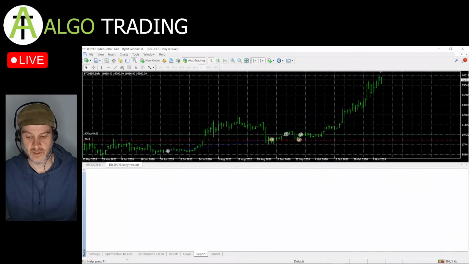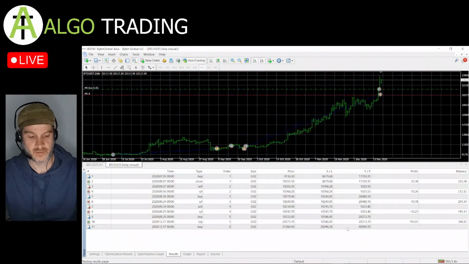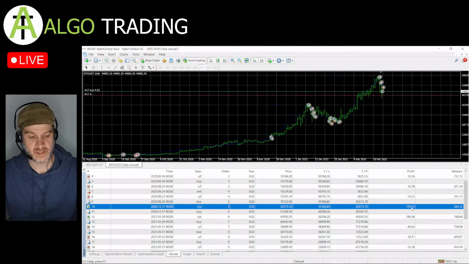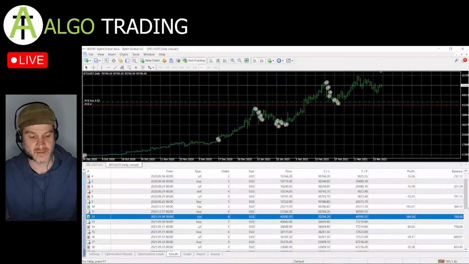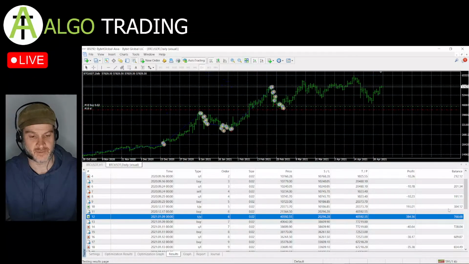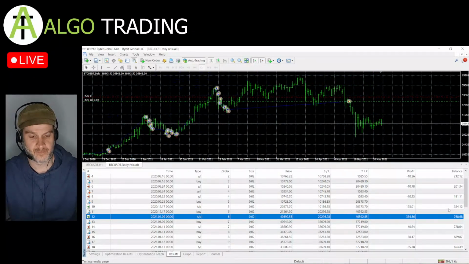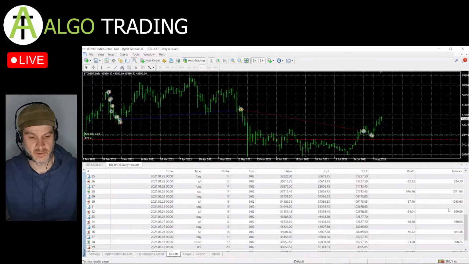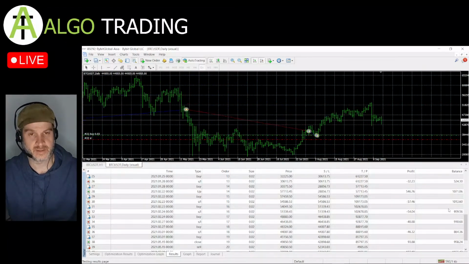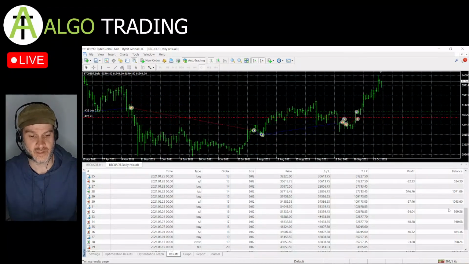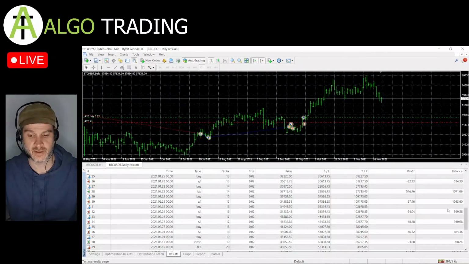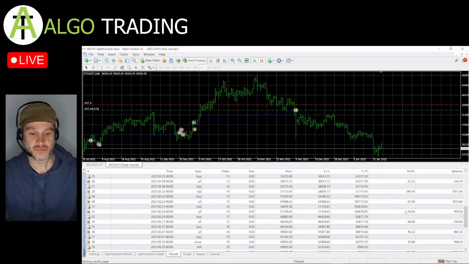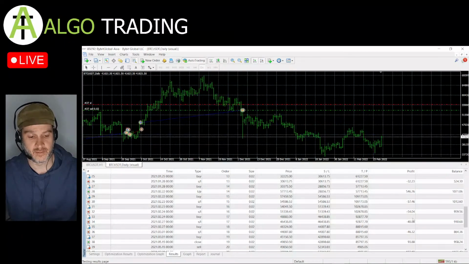Okay, let's have a look at our results. See, it makes big plays, so it holds for longer periods of time, as you could see here. It opens the trade when it crosses above, and it closes the trade when it crosses below the fast moving average.